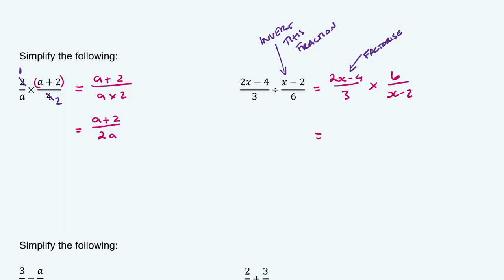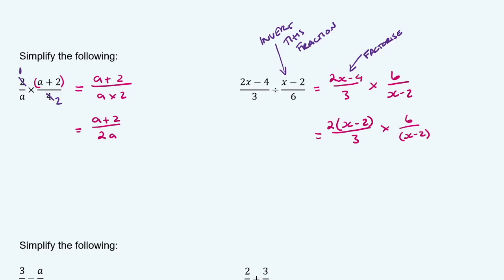Okay, highest common factor is 2. So we're going to have 2 outside of (x minus 2) all over 3. Now I've popped the x minus 2 there into some brackets very deliberately. So now we have some common factors.